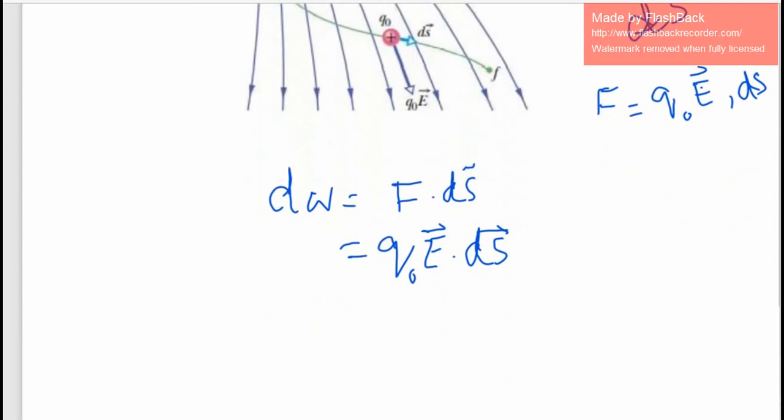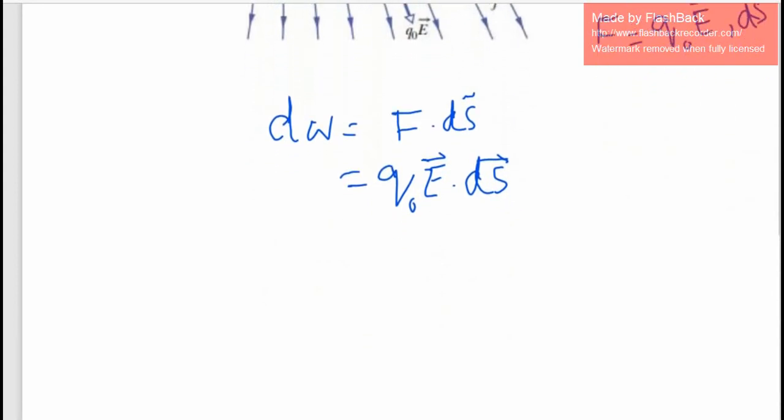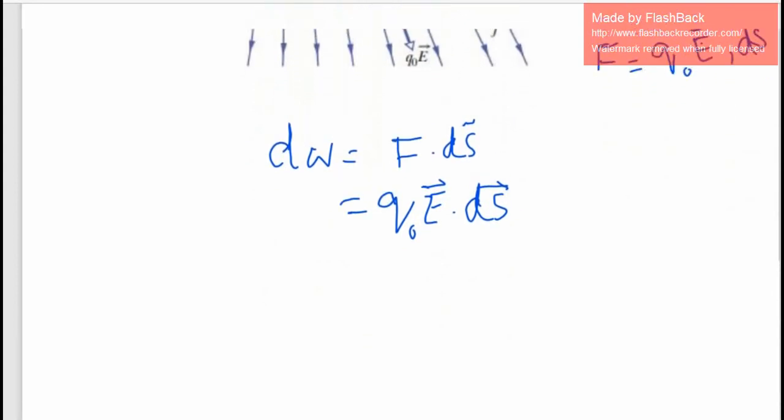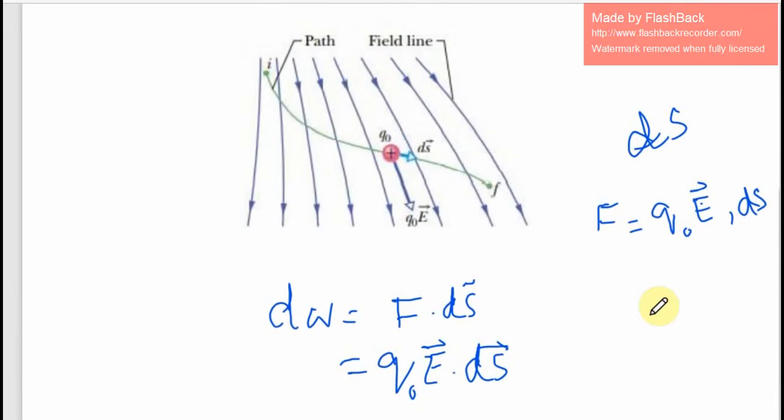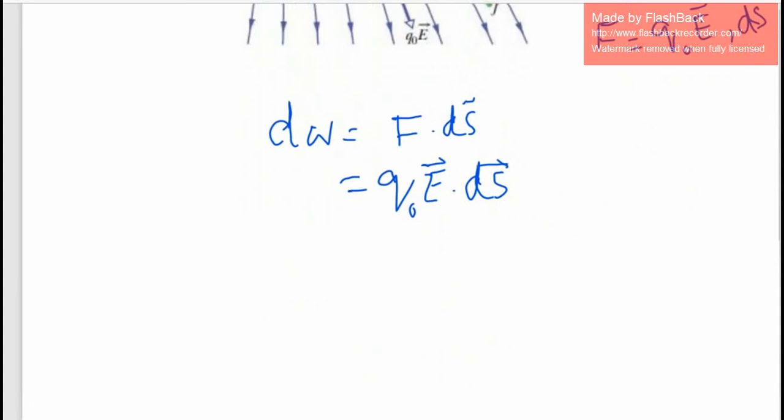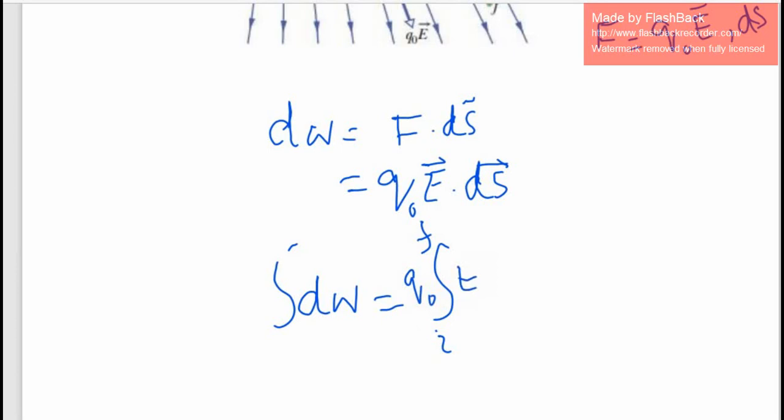So if we want to calculate the work done through this whole path from I to F, we have to integrate the work done. dW is equal to the integral from I to F of Q naught E dot ds.